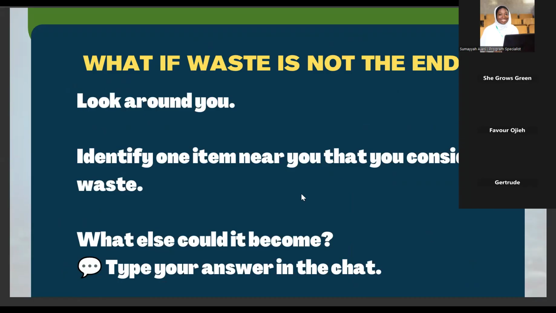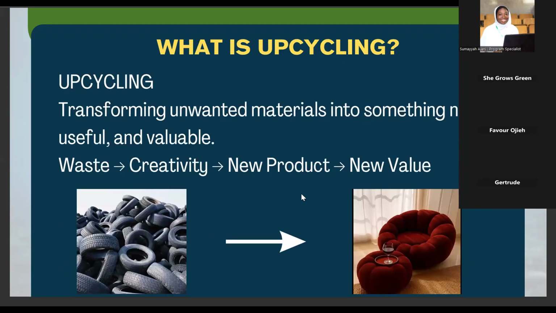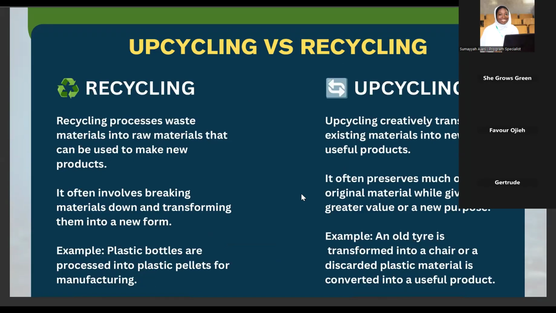But when it comes to recycling, the waste is turned into an entirely new product that could be used as raw material. Just for example, in my business, I turn plastic waste into shoe polish. When it's now shoe polish, you can no longer identify which region is the plastic region, just like you could identify in a luxury chair made from tire. So basically, the difference between recycling and upcycling is wide.